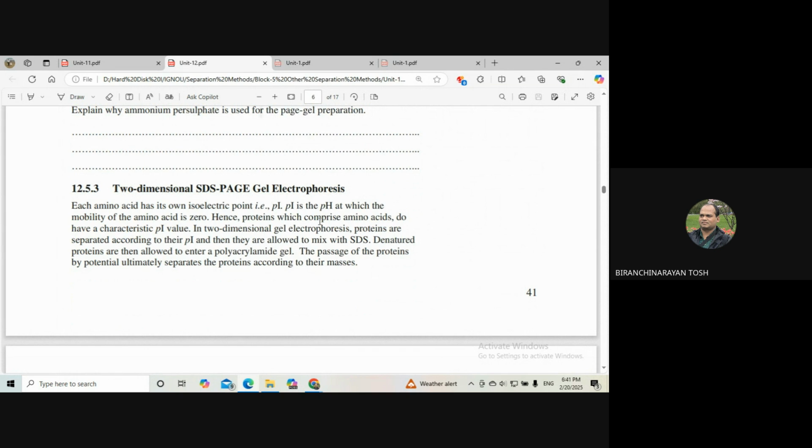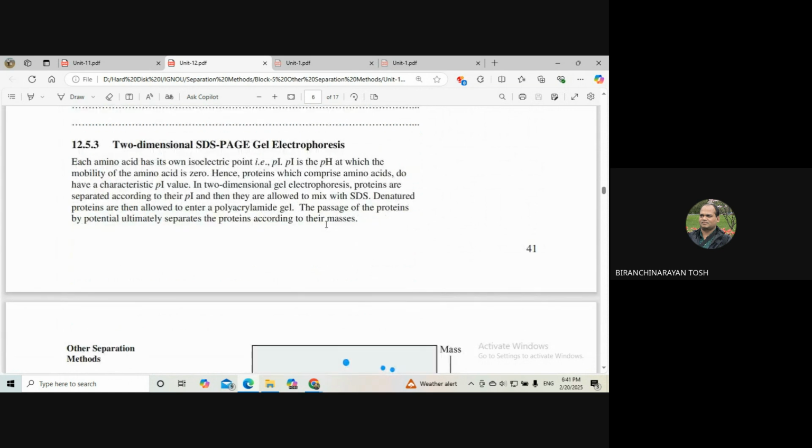Each amino acid has its own isoelectric point, as you know, that is the pI. The isoelectric point is the pH at which a zwitterion is formed, which will neither move towards the positive nor the negative electrode.